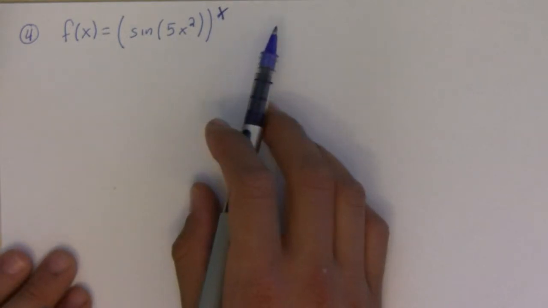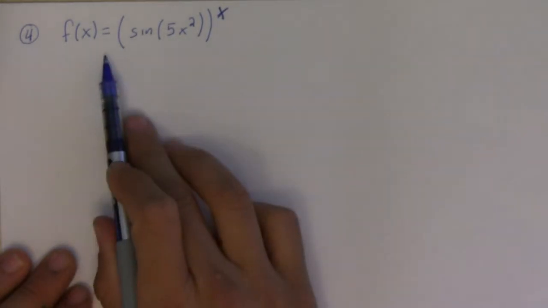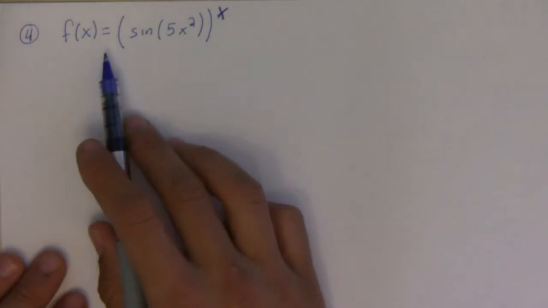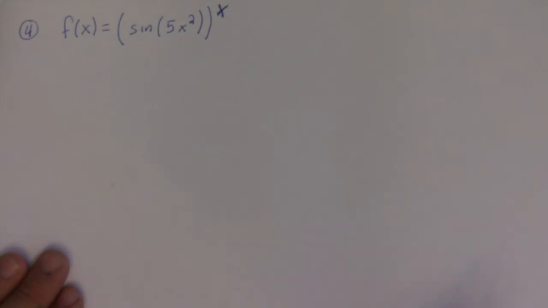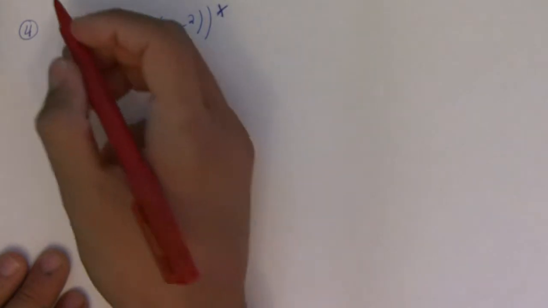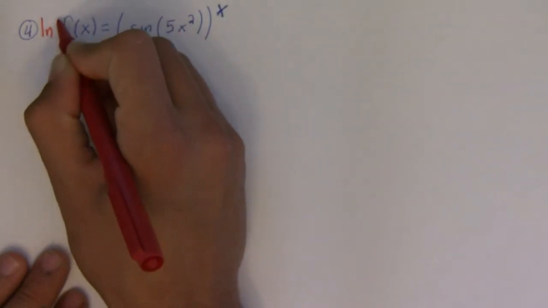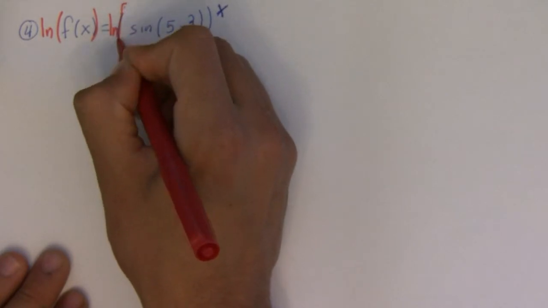And so for this, the only way that we can solve this is by using logarithmic differentiation. Okay, so remember, the idea behind it is that you use the rules of logs to bring down the exponent. So for example, here we would take the natural log of both the left side and the right side.